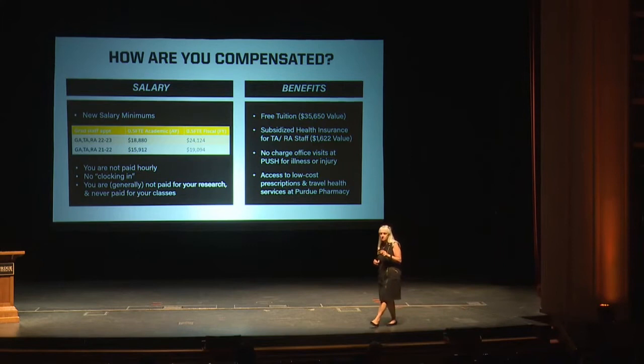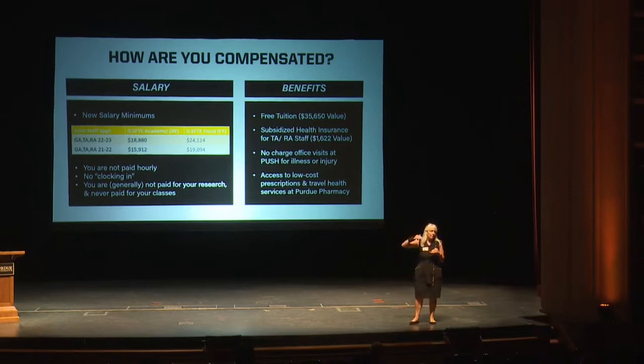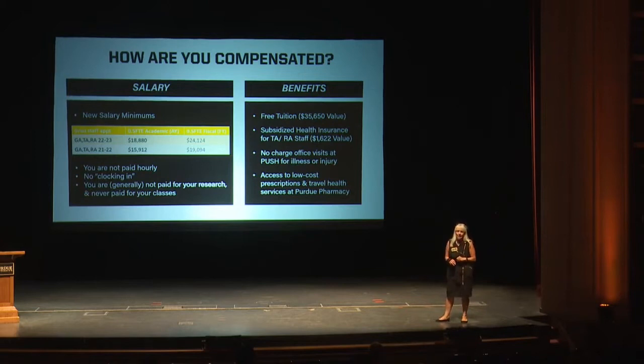Many of our grad students earn way above that. We may have students that go from the minimum stipend, depending on the discipline, up to $30,000, $40,000. It's really based on employment just like anywhere, just like faculty salaries. We hired almost 300 new faculty coming into Purdue in the fall.